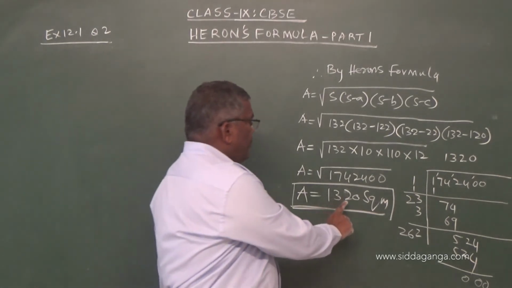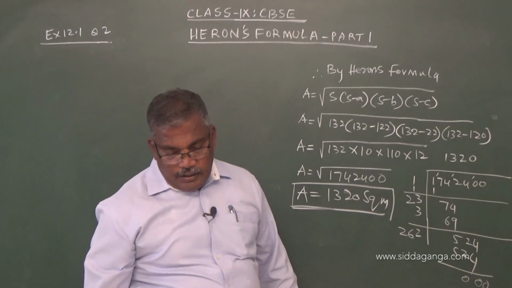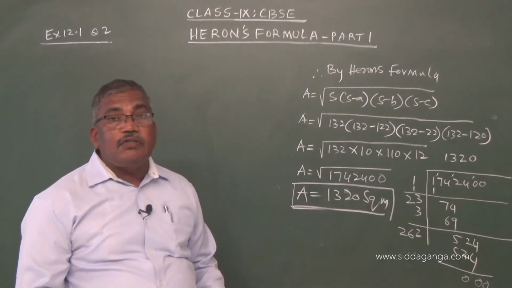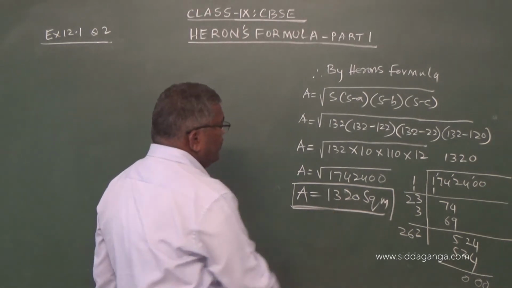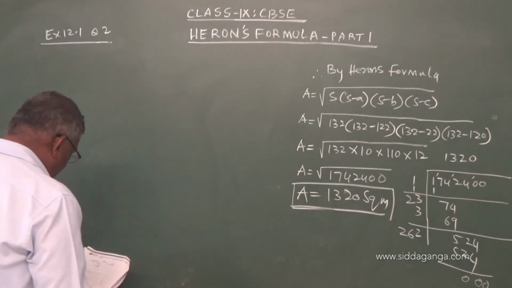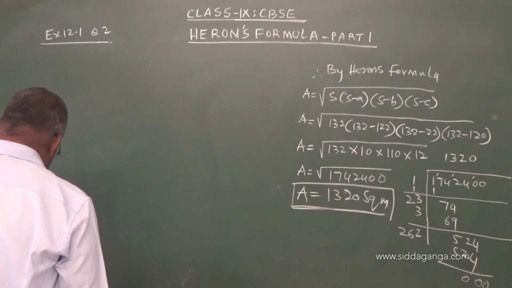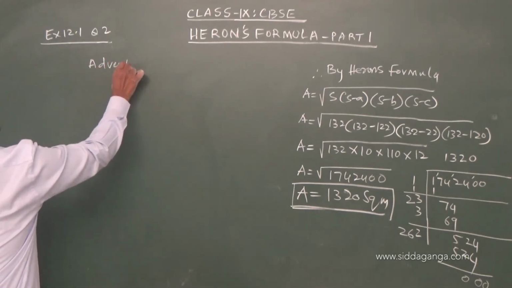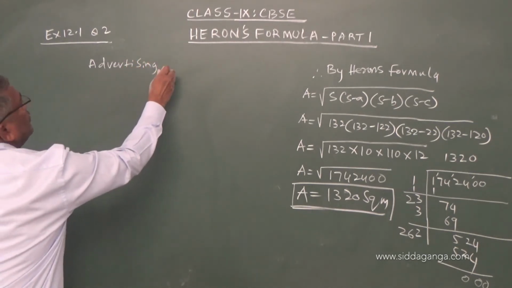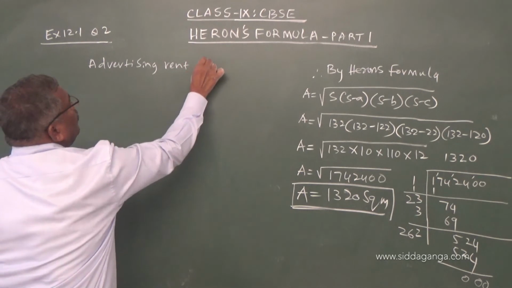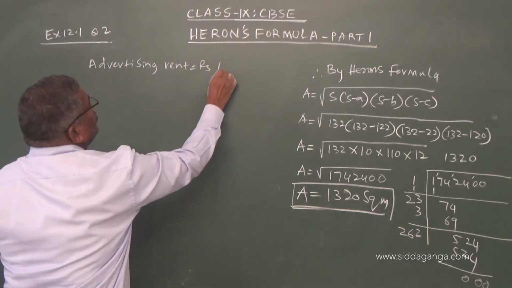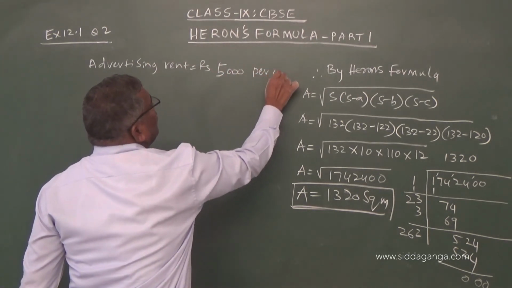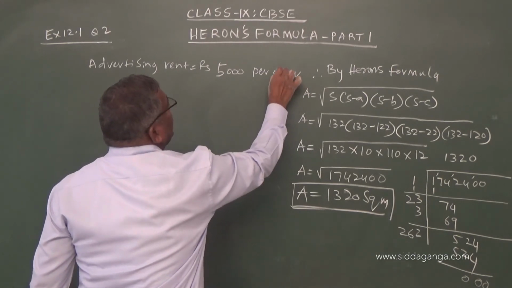This is the total square meter and the rate is 5000 rupees per square meter per year.